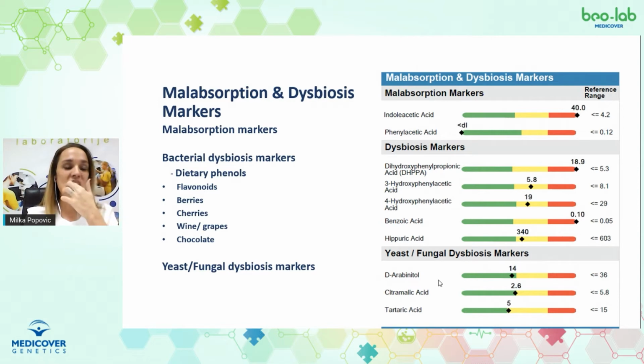Now, we can't look at this in isolation, because if there is a higher percentage of fungi in the gut, we need to ask ourselves why they are there, because if the child is constantly presenting with the same findings, the fungi may be a response of their immune system.